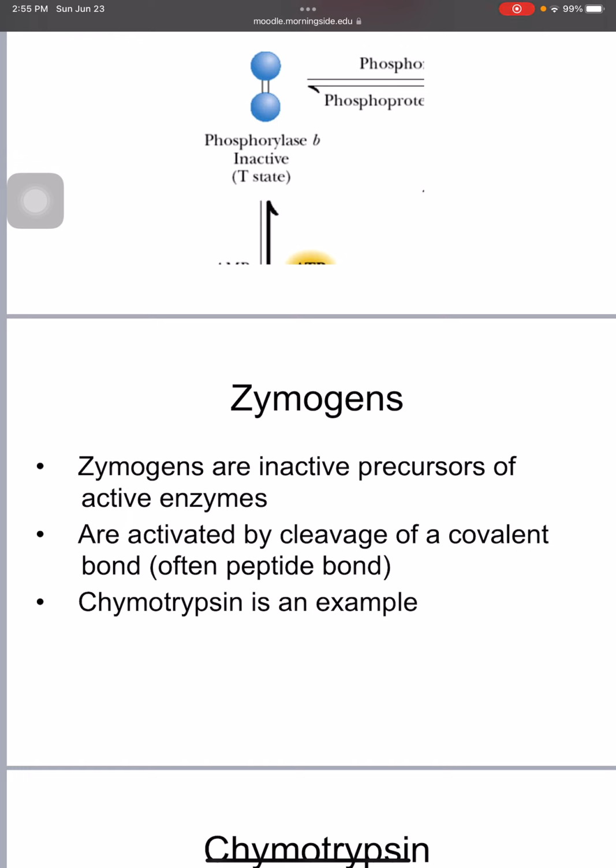That's kind of what zymogens are. Zymogens are the bush, and they can be trimmed in certain ways to make them into a new form that is actually biologically active. And we're not going to sit here and look at every single zymogen. There are way too many of these to look at them all, but we're going to go over a few examples.